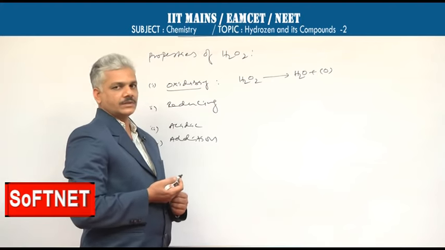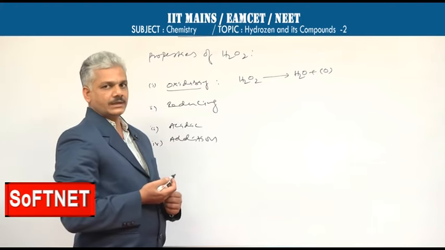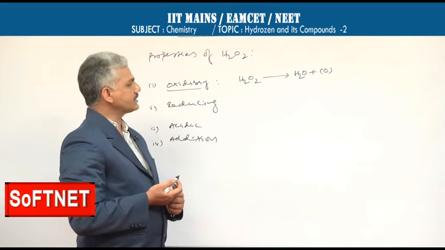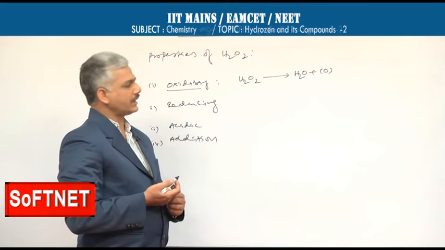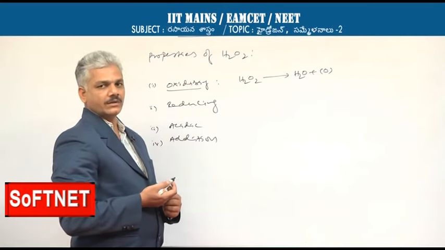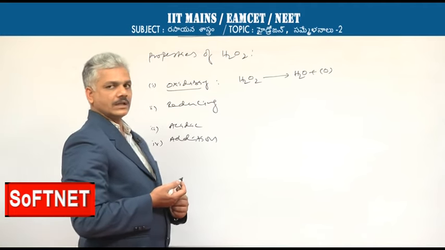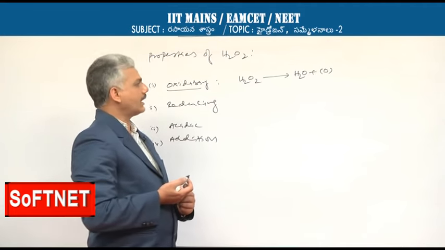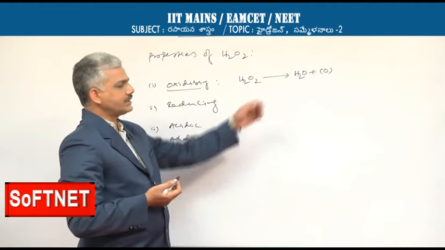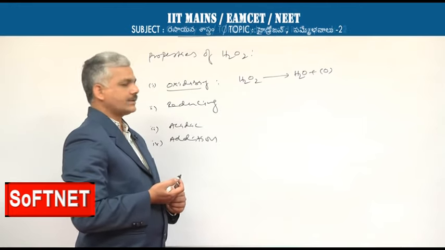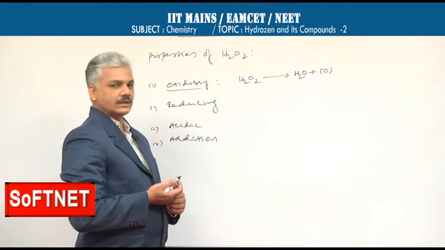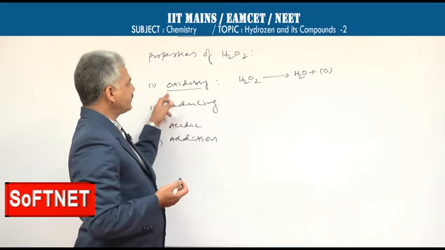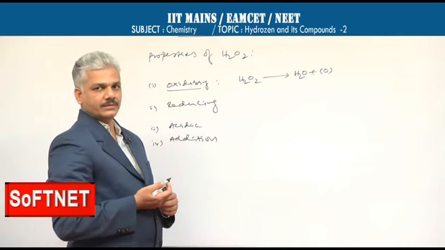In addition, to decrease the rate of decomposition of hydrogen peroxide, negative catalysts like ethyl alcohol, phosphoric acid, and acetanilide are added. The nascent oxygen released by hydrogen peroxide is the reason for oxidizing properties of hydrogen peroxide.